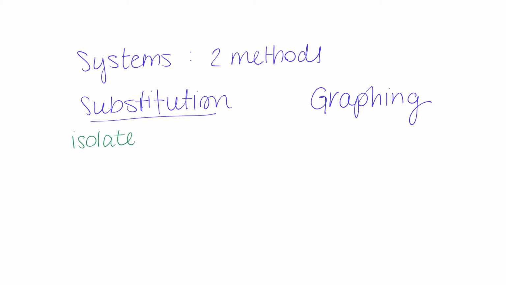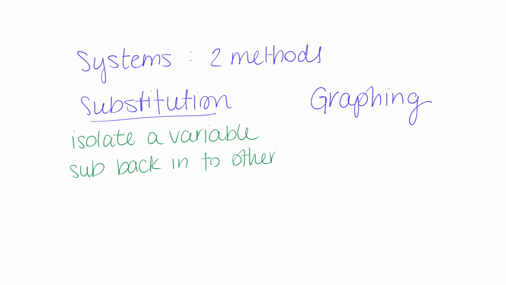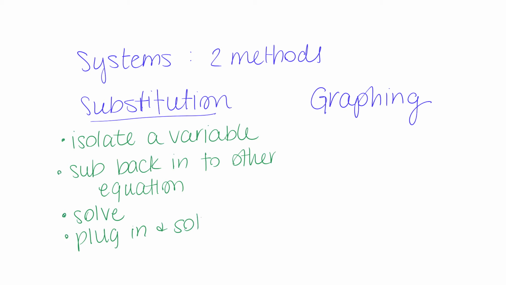Remember, we would like solve for y. It doesn't matter which variable you isolate. And you sub back into the other equation. And then you solve. And then you plug in again, right? Plug in and solve the other variable. So those were your steps.